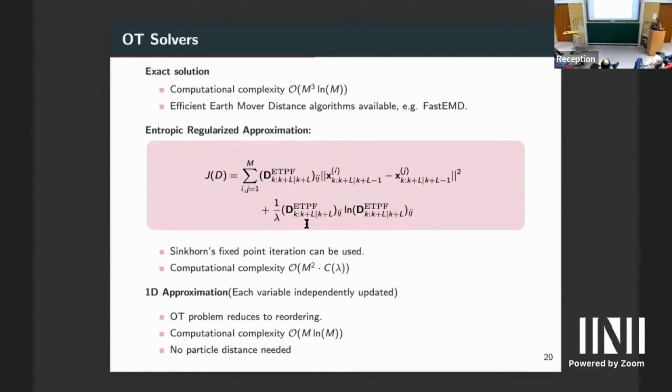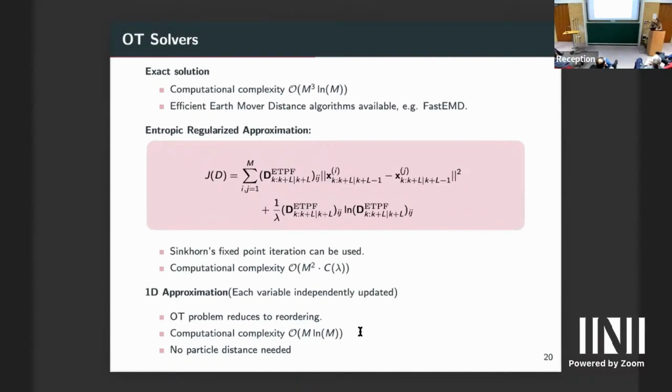I have it later on in the slides, but essentially, if you tune this lambda in the right way, in one direction you basically get back to the full-on transport problem estimation. The other direction goes back to the monomial example we had earlier. So these are the two extremes, essentially. And of course, what you can also do, and this is sometimes done, is in 1D the problem is actually fairly easy, but why would you ever be in 1D?